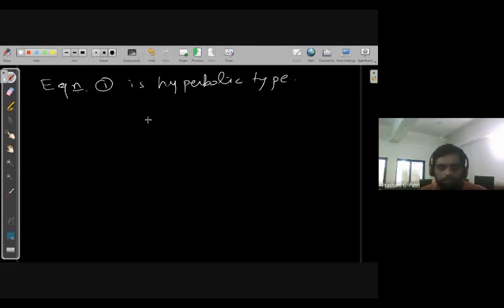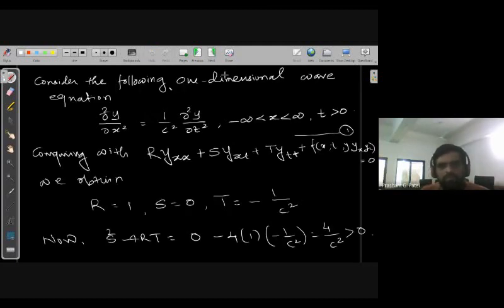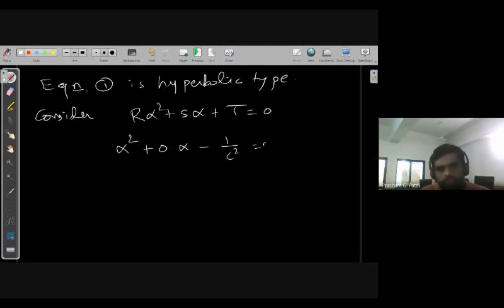Now, to find the canonical form of that wave equation, consider the quadratic polynomial r alpha square plus s alpha plus t equal to 0. That gives me alpha square plus 0 into alpha minus 1 upon c square, because r is 1, s is 0, and t is minus 1 upon c square, equal to 0.